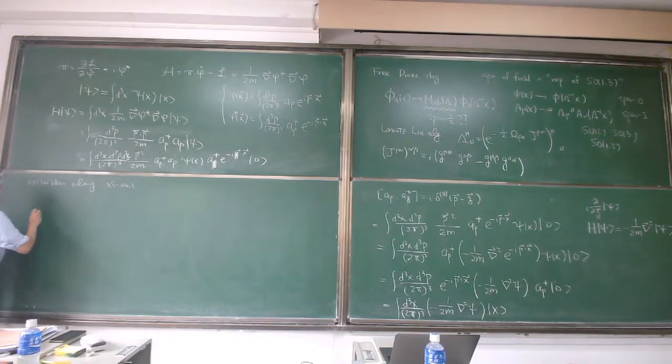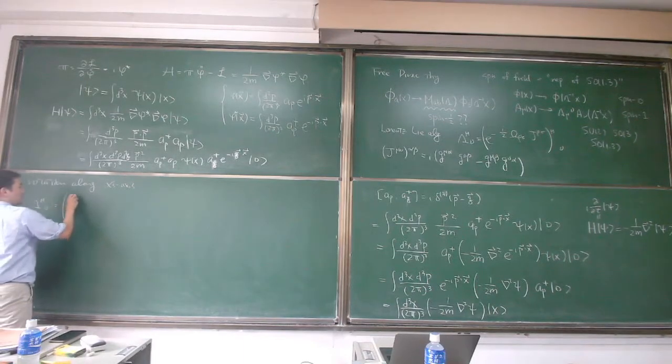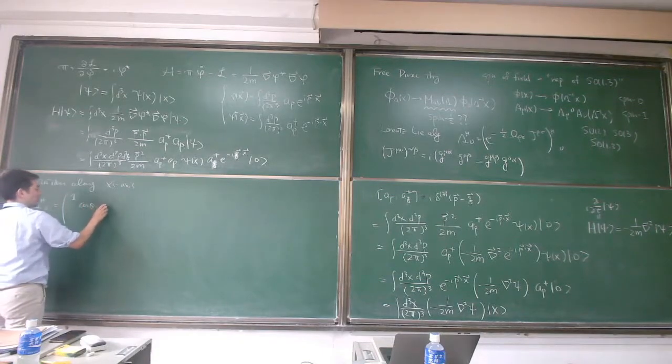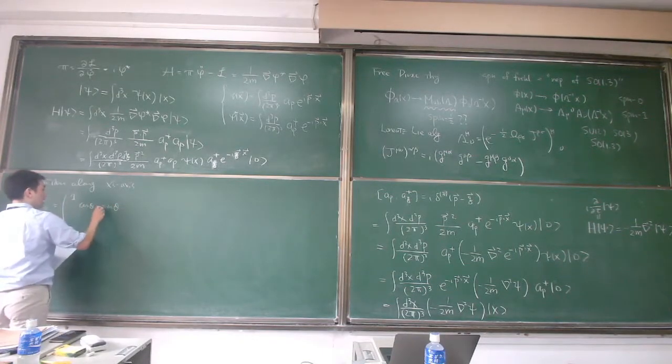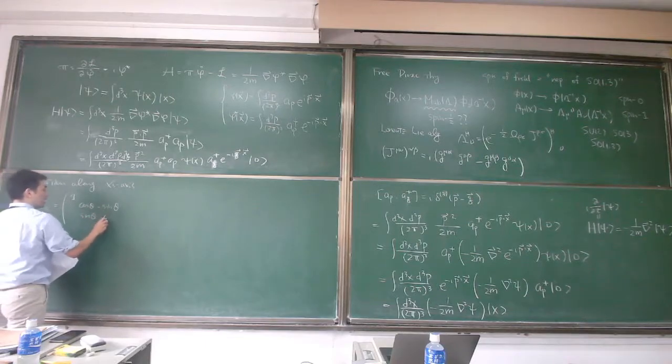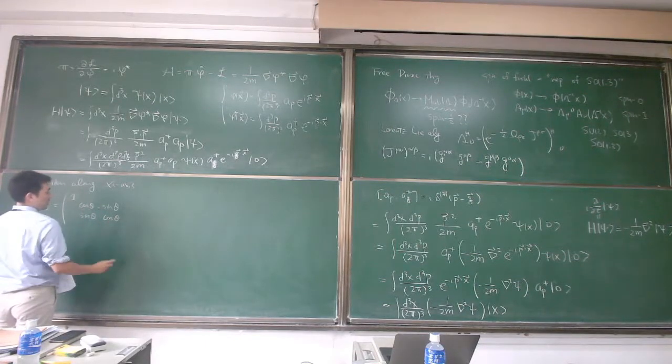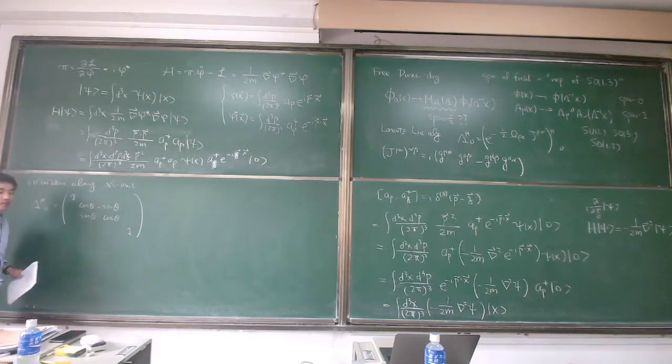it is just lambda mu nu. We learned that lambda mu nu is equal to 1, cos theta, sine theta, minus sine theta, cos theta, and then 1, and the others are 0.